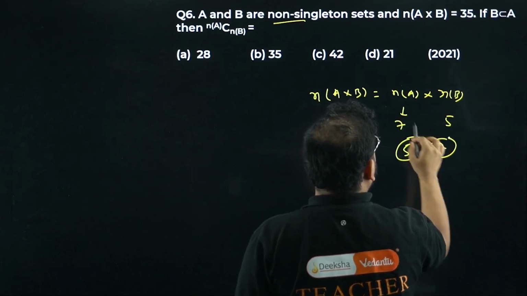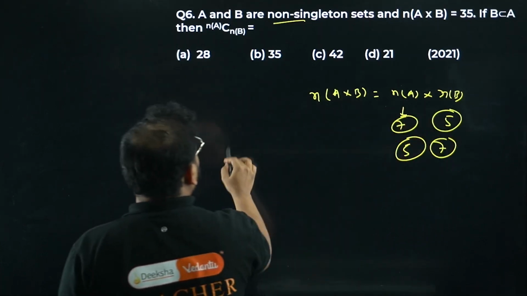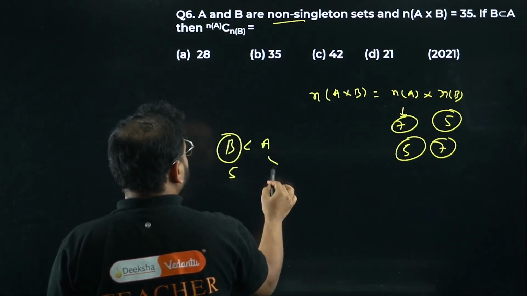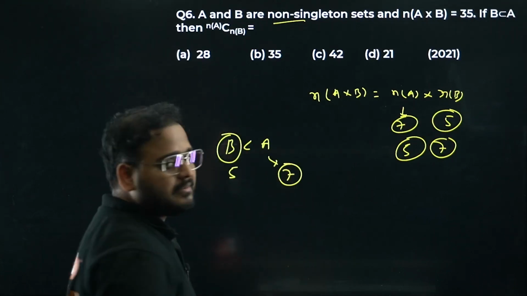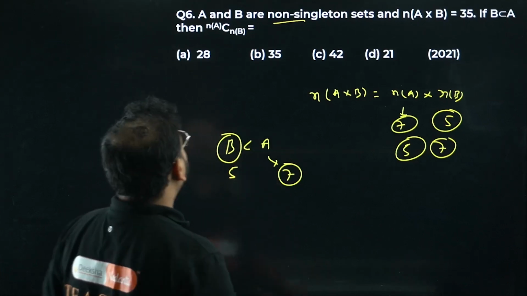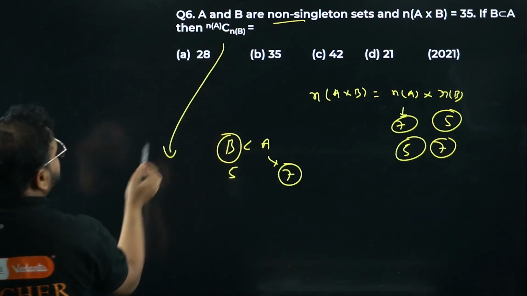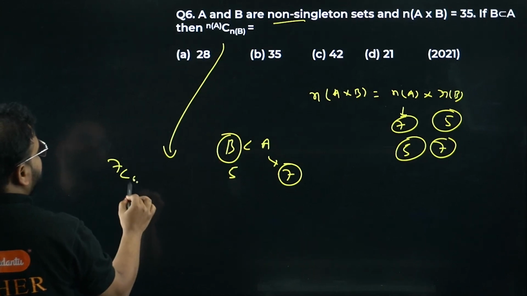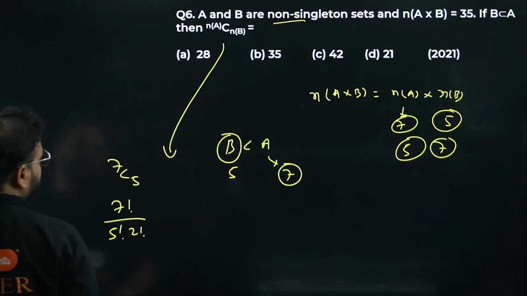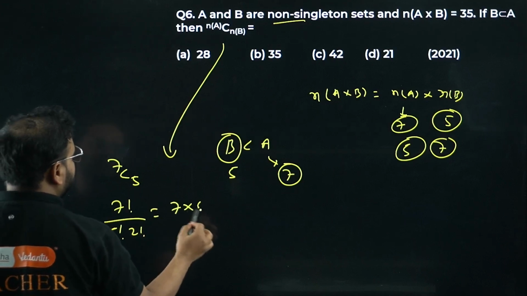But they are saying that B is a subset of A, so B has to be smaller. So B has to be 5 and A has to be 7. What are they asking? n(A C B) means 7C5. How much is that? 7 factorial by 5 factorial into 2 factorial. What I get is 7 into 6 by 2. How much do I get?